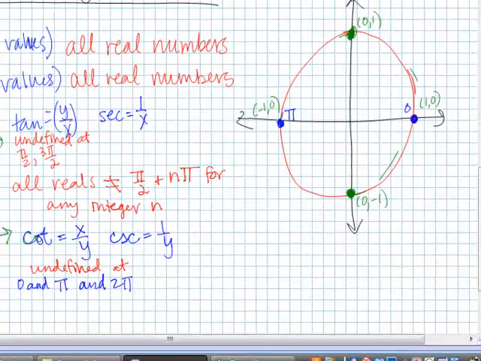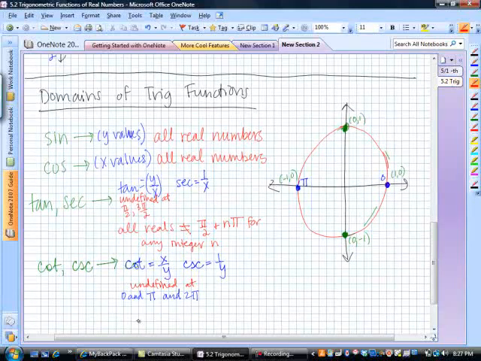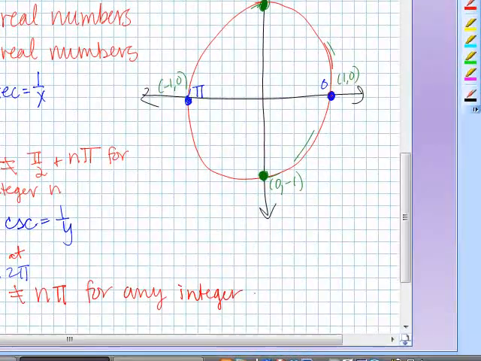So here, the way we write our domain is going to be all reals not equal to n pi for any integer n.